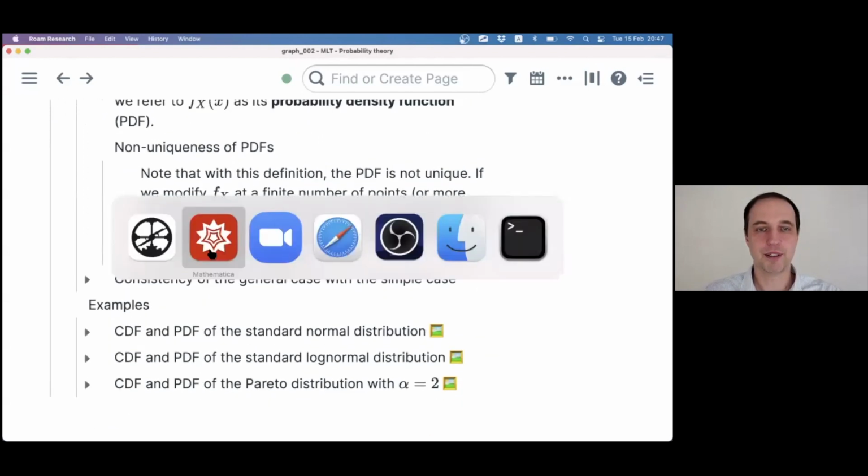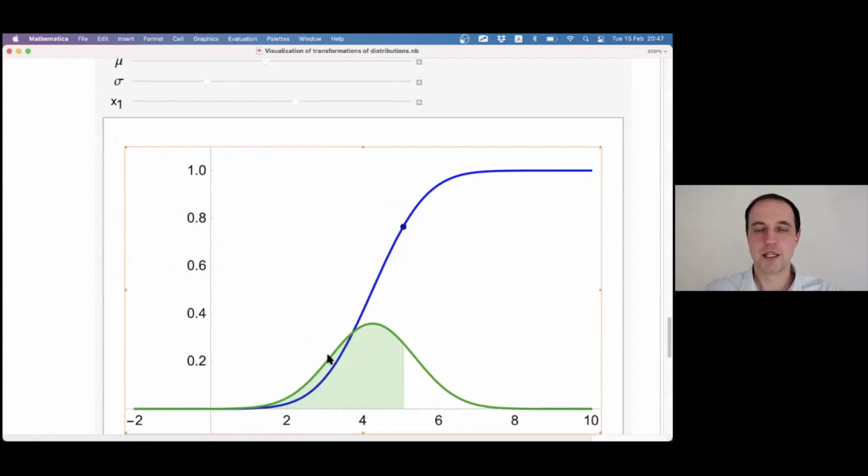Oh, maybe let me switch here. So in this particular visualization, we have some cutoff. And we have the value of the CDF in here. And it corresponds to the probability that x is below this value. And it can be anywhere below the value, so it can be in negative numbers.